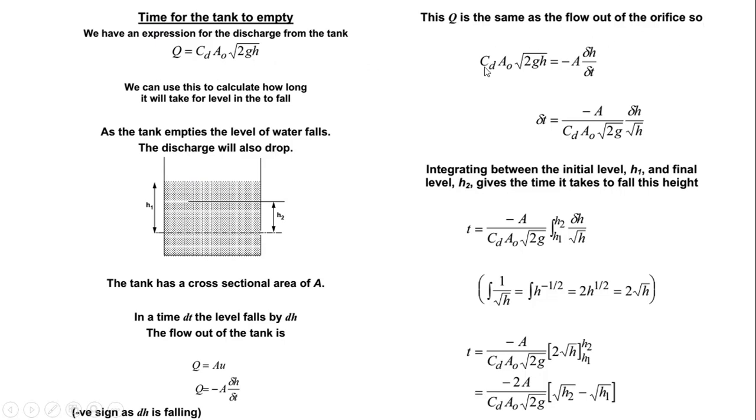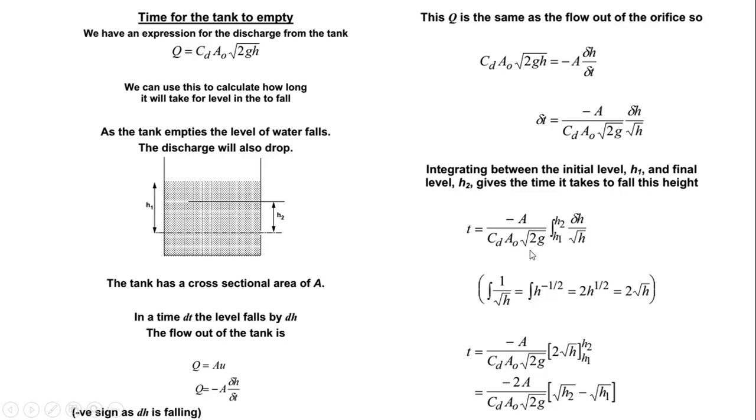So we substitute Q here to get negative A change in H over dt. Then from this equation, we get dt is equal to this part, so that we can make T the subject of the formula, since we want to find the time that it will take to empty the tank. Then from there we find T.